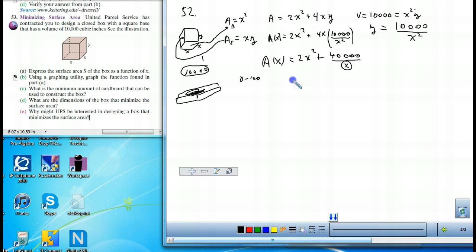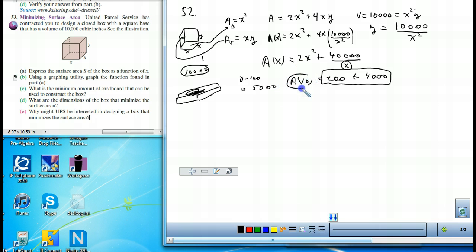When you put in 10 for x, the area is going to be 200 plus 4,000, because 40,000 divided by 10. So you know your number is going to be somewhere around maybe 5,000. Start somewhere. So you might go 0 to 5,000 for your y, which is your output, your area.